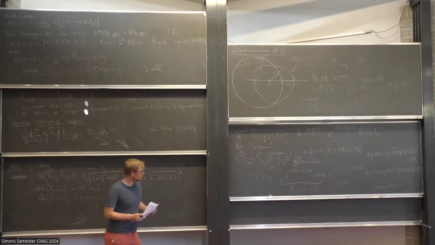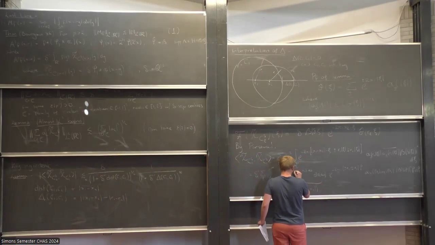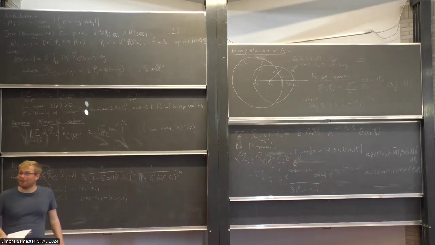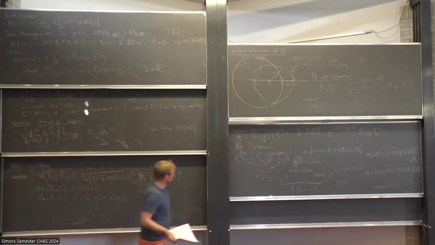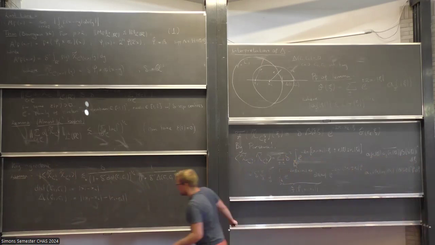See that? Wait, what's this r? Rho, sorry. Rho of x1 minus x2. So we can apply the formula again.